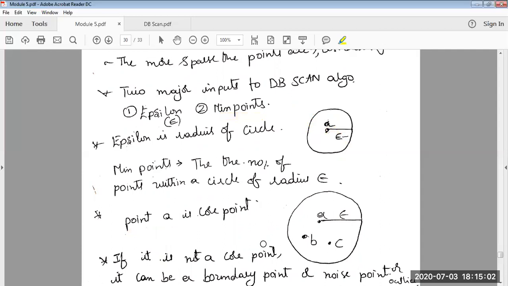Once again, in the representation below, I have point A. From point A, within the epsilon distance, I have drawn a circle, and within the circle, you can see two more points, B and C, totaling 3 points: point A, point B, and point C. So I defined to this algorithm that if the minimum number of points equals 3, then A should be taken as a core point. The same has been done.